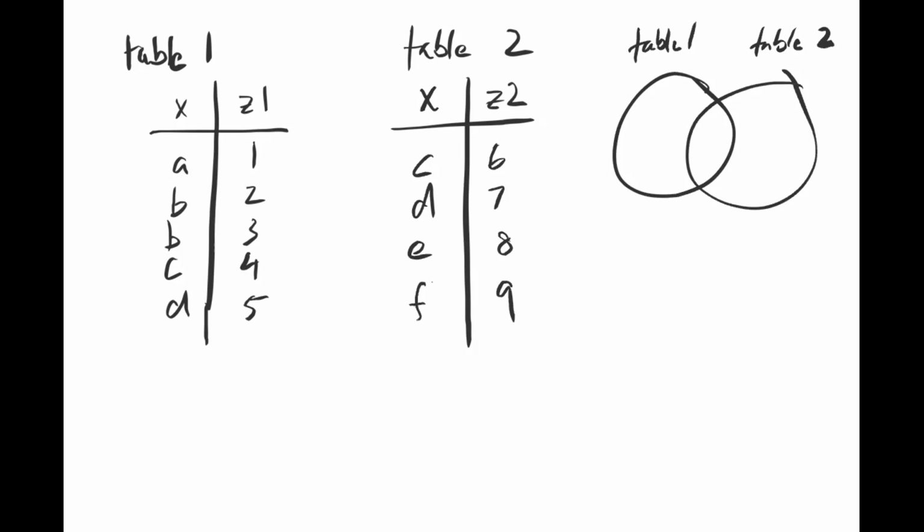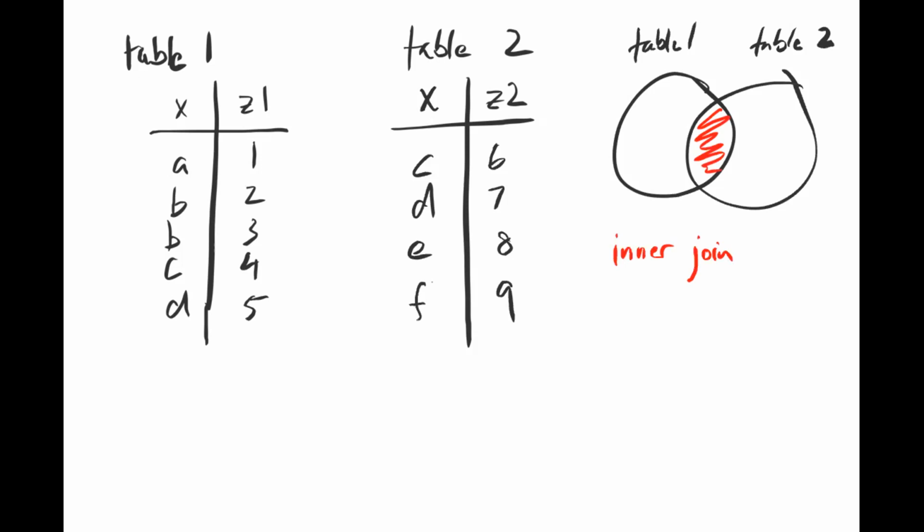The first way is called an inner join. That is the combination of values where you only include things in the tables that are overlapping.